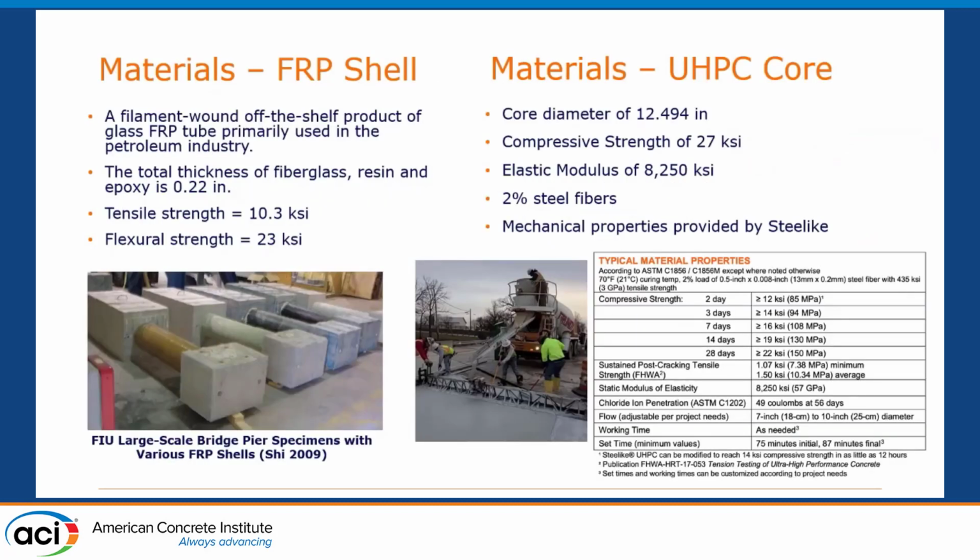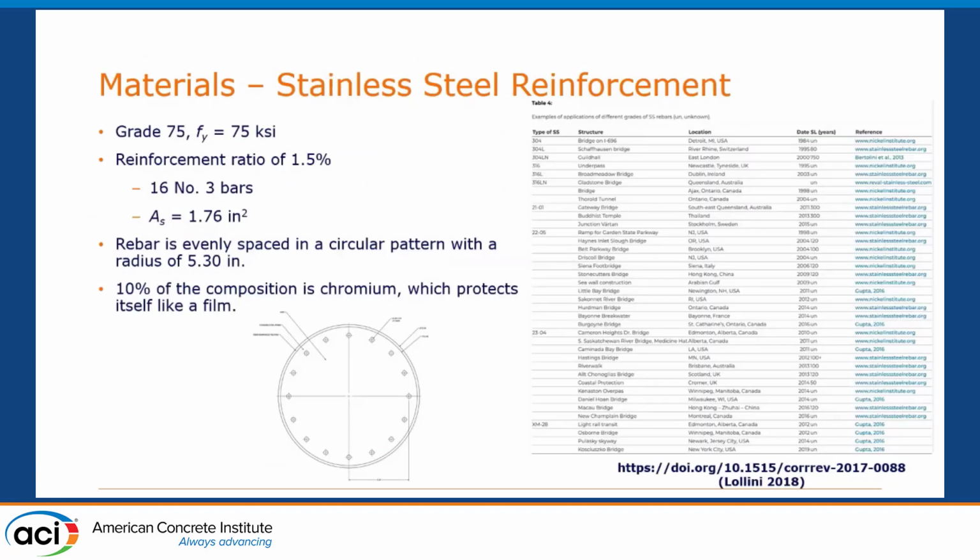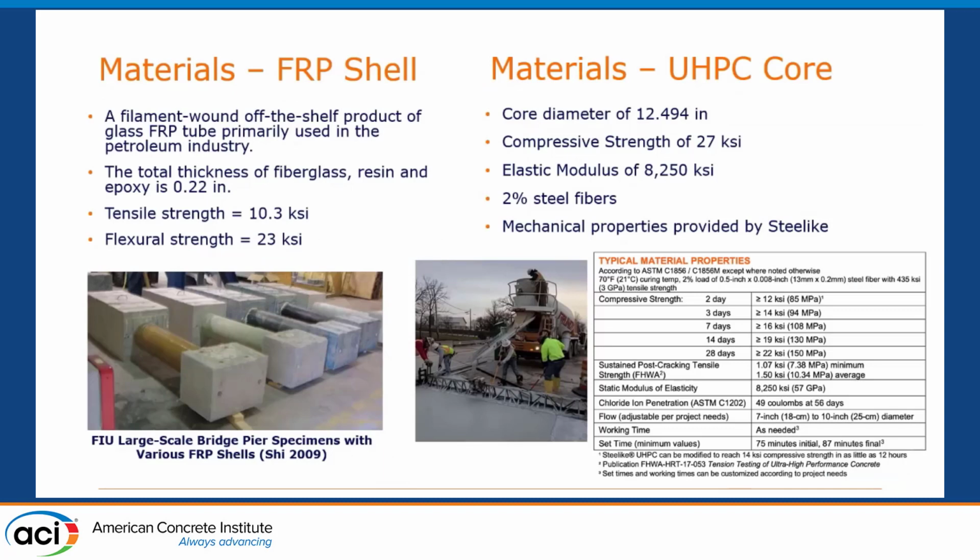So the materials here, we have three constituent materials. First is the FRP shell. Down at the left bottom was the test that I did at FIU. This was the most advanced behavior with an off-the-shelf filament wound glass FRP tube, and this exhibits the largest seismic performance out of the other four different types of FRP using glass FRP or hybrid or carbon FRP.